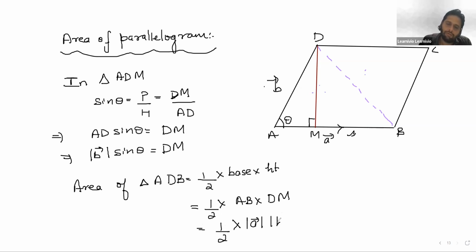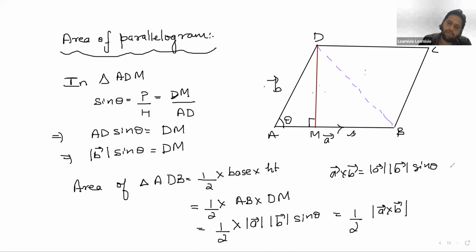DM is magnitude of B sine theta. Now this AB sine theta is nothing. It is the magnitude of the cross product. What is the cross product? It is magnitude of A, magnitude of B, sine theta, and n cap. So this AB sine theta is just the magnitude of the cross product. So this is half A cross B.